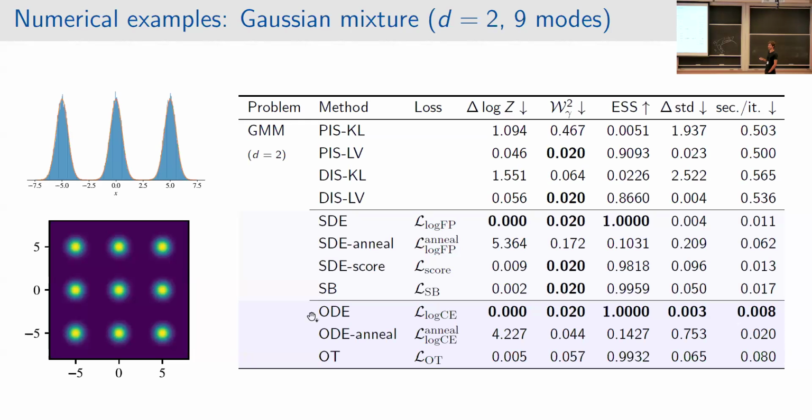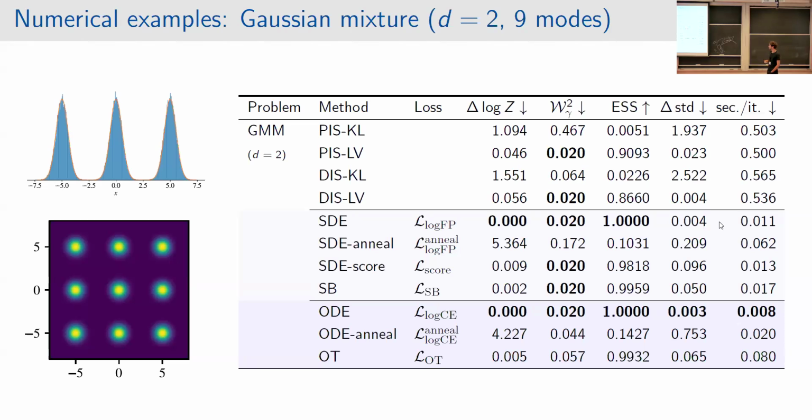And I don't want to read out all the numbers, but maybe I should tell you what I'm measuring here. So the difference in the log normalizing constants and Wasserstein 2 distance, the effective sample size, a difference in the standard deviation of the marginals, which measures mode collapse, and the time for the gradient computation.